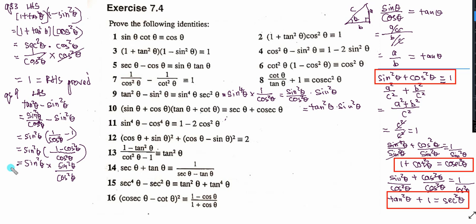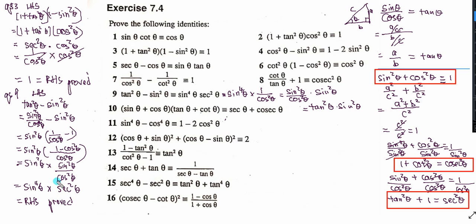So we have sine square theta times sine square theta, which is basically sine to the power 4 theta times 1 over cosine square theta, which is actually secant square theta. So this is exactly the same as the answer here. Therefore, it is equal to the right hand side, and you have proven that the left side is equal to the right side.